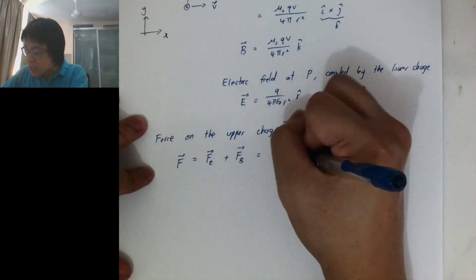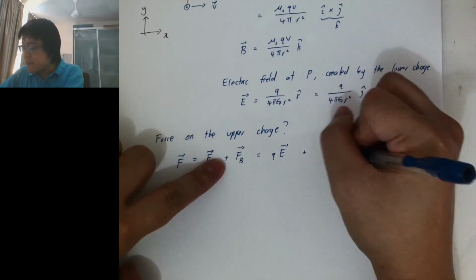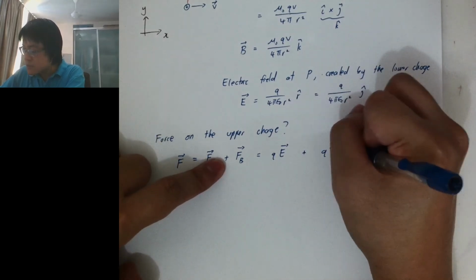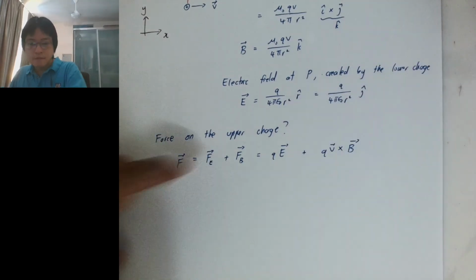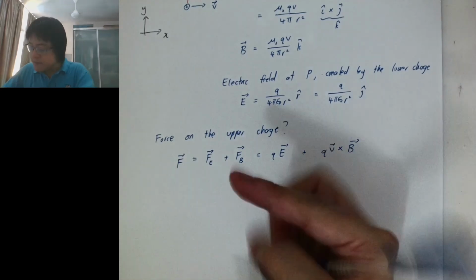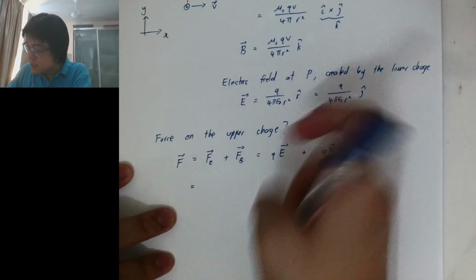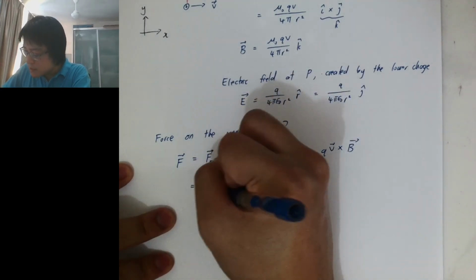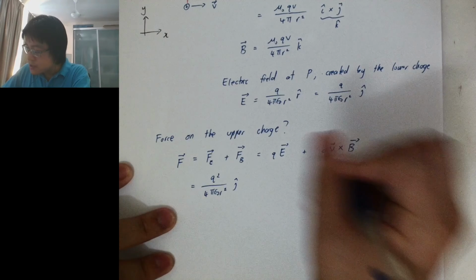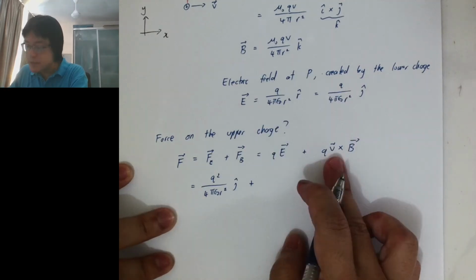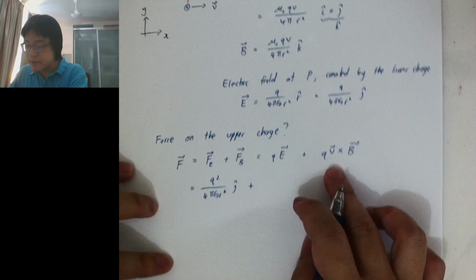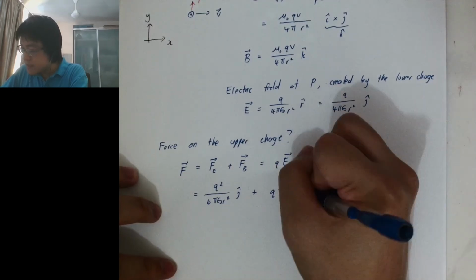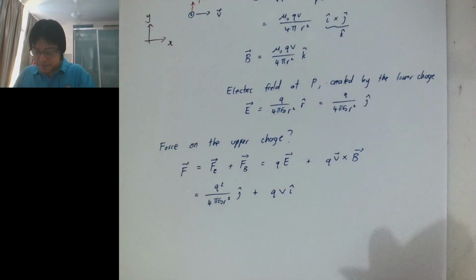So it's just q times E, and then the magnetic force is using the Lorentz law, so it's qv cross B. Okay, so this force is just qE, so it's just q times this, so it's just q square over 4 pi epsilon r square in the j direction, and then plus qv cross B. So what's qv? qv was q and then the velocity and then in the i direction, am I right?